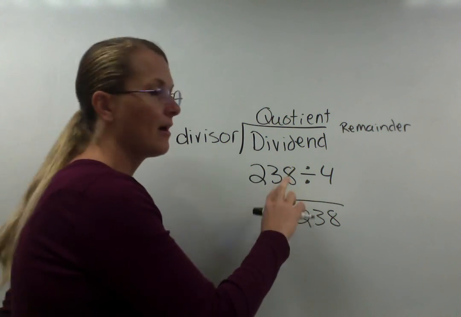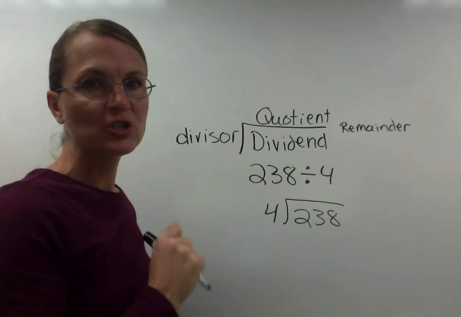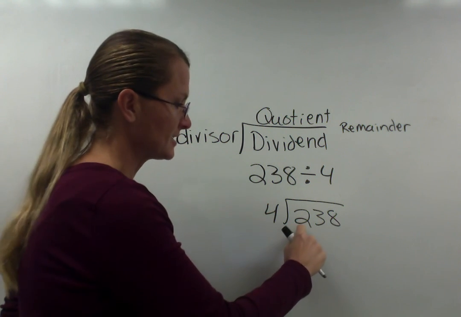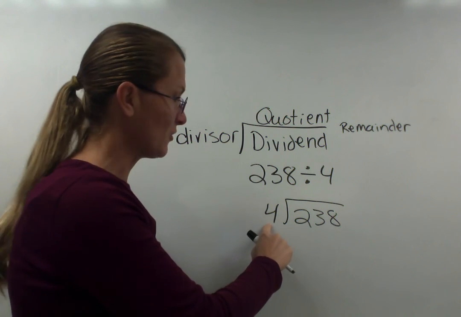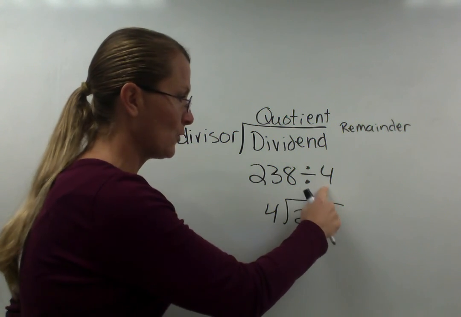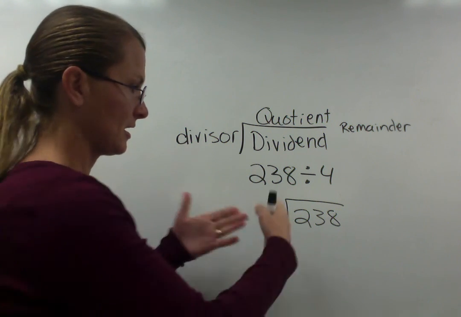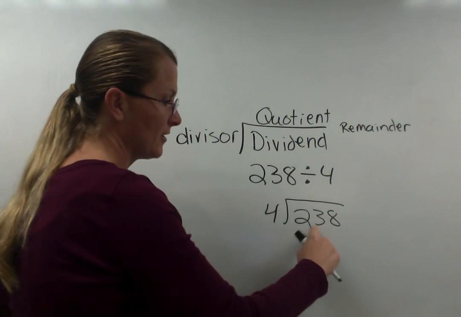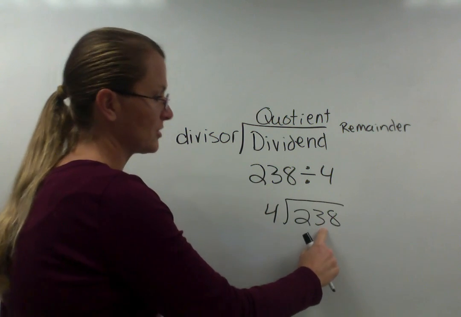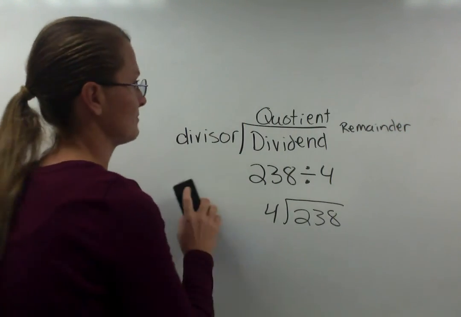And unlike multiplication, where you can flip your numbers around, with division you can't, because splitting 238 into 4 equal groups is much different than splitting 4 into 238 groups. So your numbers have to be in the right order. When you say it, you say 238 divided by 4. So let's get into what that would actually be.